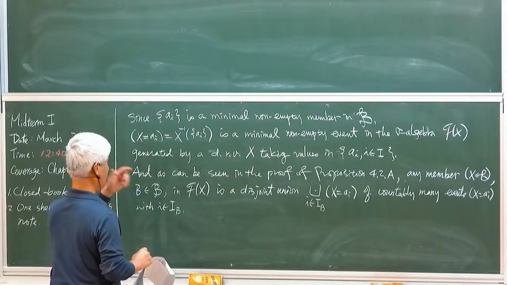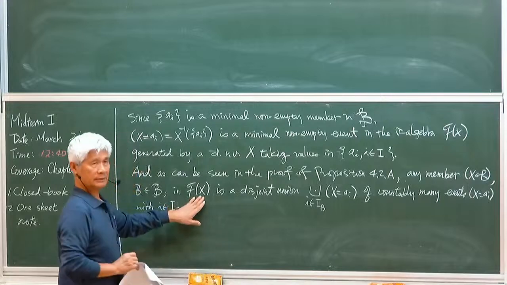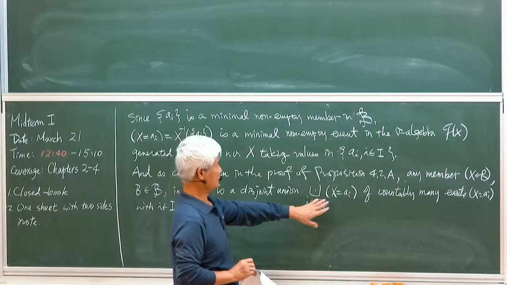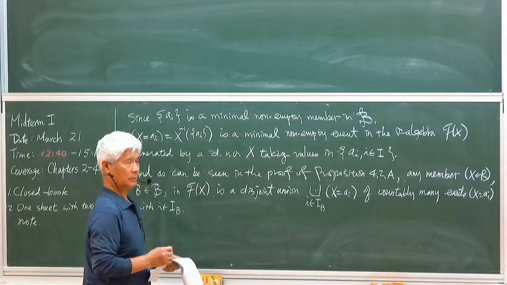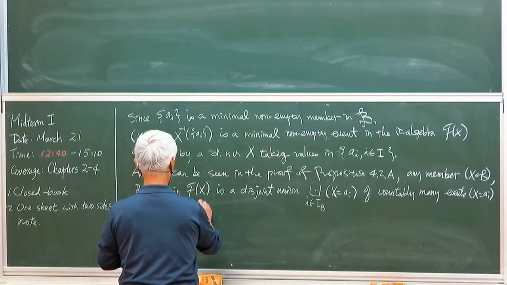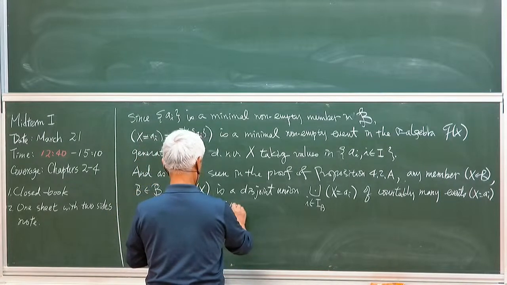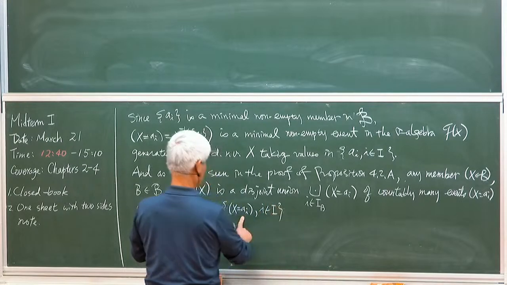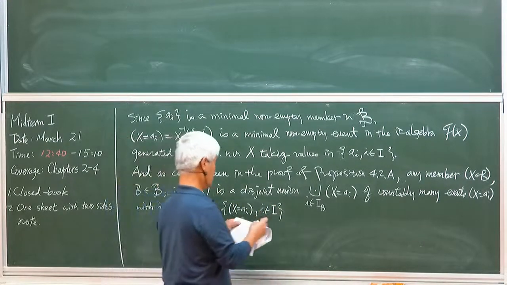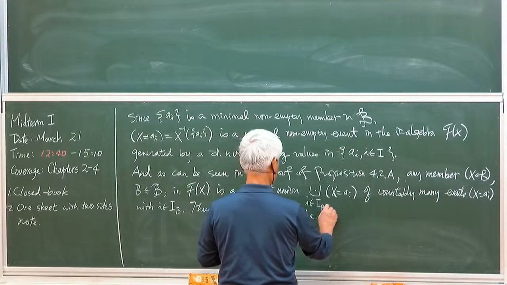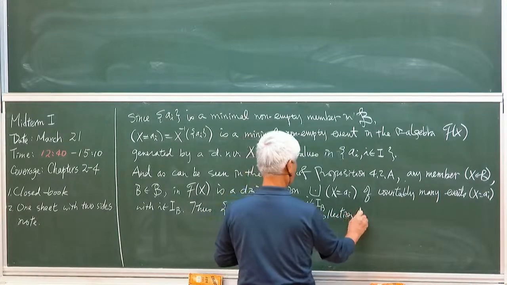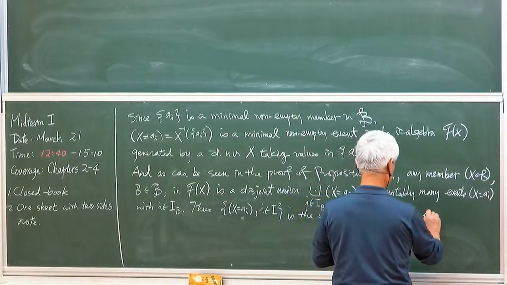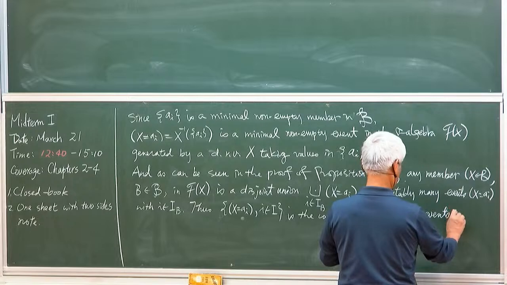Okay, so every member in the sigma algebra generated by the random variable x is the disjoint union of these atomic events. Okay, so if we collect all such atomic events together, this is exactly the collection of all atomic events in f of x.